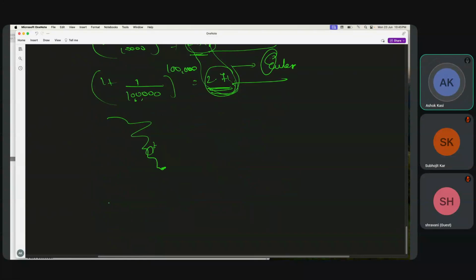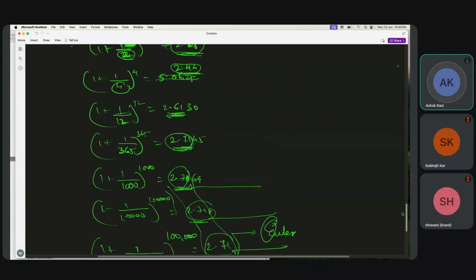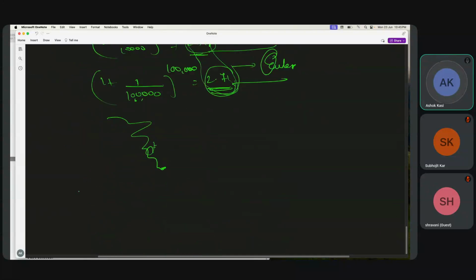So say for example, if I say 100 is growing at the rate of 10 percent, this is 110. Now, if 100 is growing semi-annually, this is like 1 plus r by 2 raised to 2.